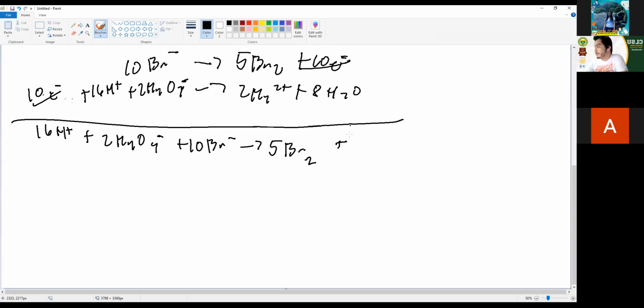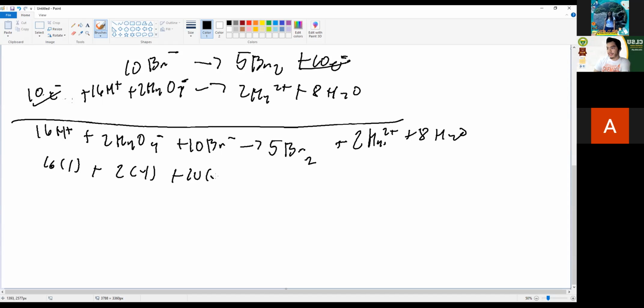5 Br2 plus 2Mn2 plus 8 water. So, check for balance. Dalawang manganese, 10 na Br, 16H plus, 16H plus. 2 times 4 is 8 oxygen. Charge: balance ang elements, balance yung charge. So, 16 times 1 plus 2 times negative 1 plus 10 times negative 1.